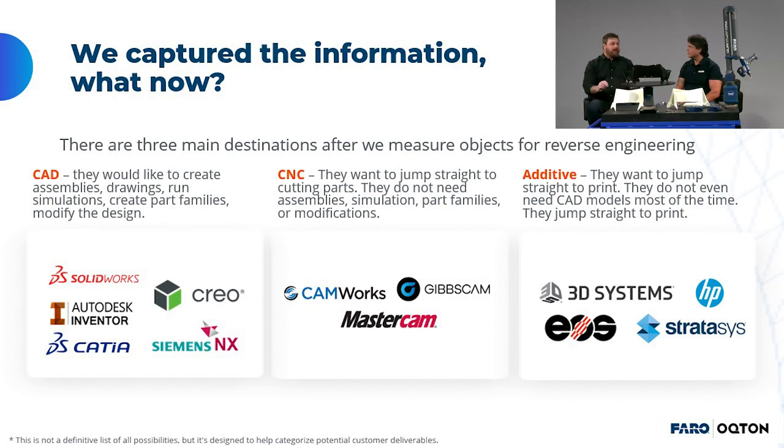So yes, there are variations on these workflows, but the solution that we're showing today can actually go all 3 of these paths. You can take all 3 of these destinations, identifying that at the beginning of the process: am I trying to go to CAD, or CNC, or additive, which is 3D printing, right? Yeah.